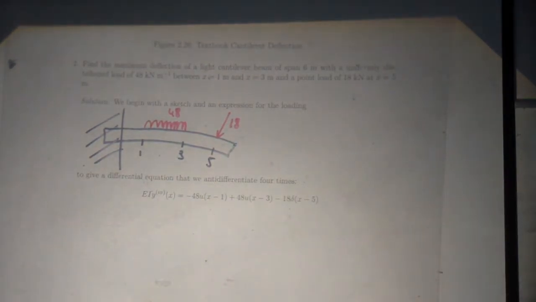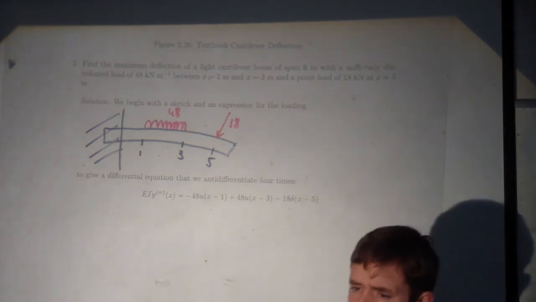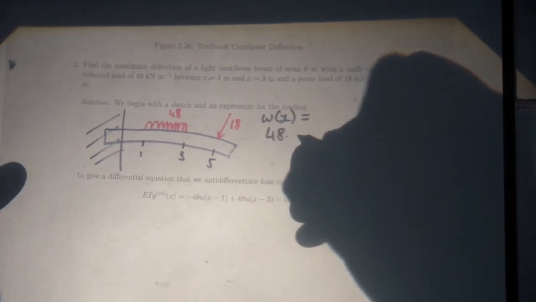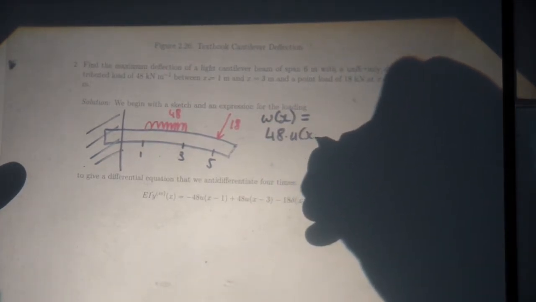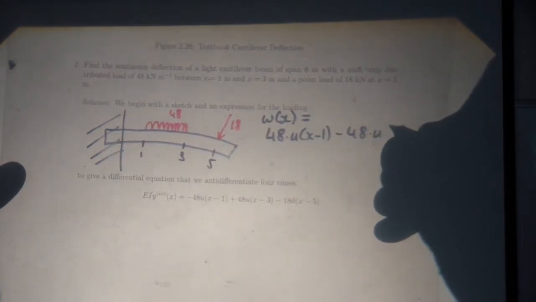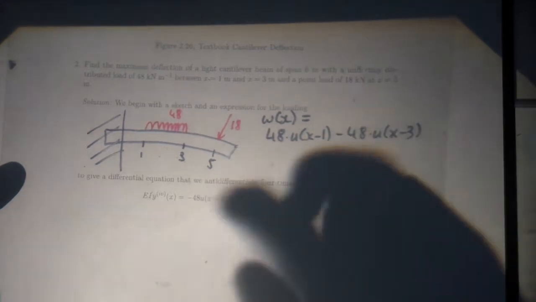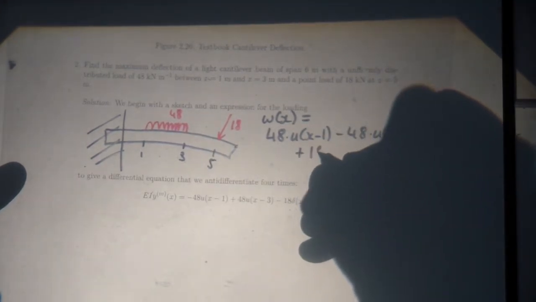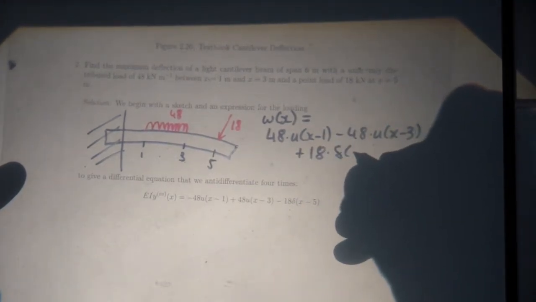And so what I'll do is write down the load per unit length. So the UDL gets turned on at 1, so you have 48, turn it on with a u of x minus 1, and turn it off with a minus 48 u of x minus 3. And I also have that point load knocking around, plus 18 delta of x minus 5.